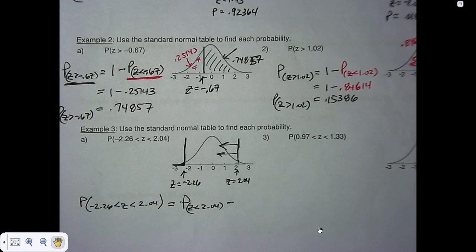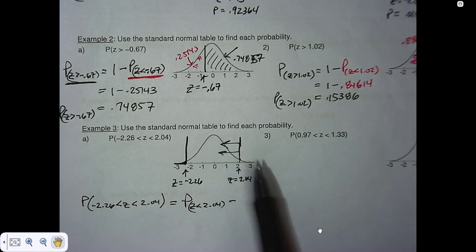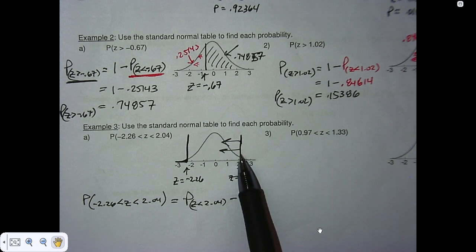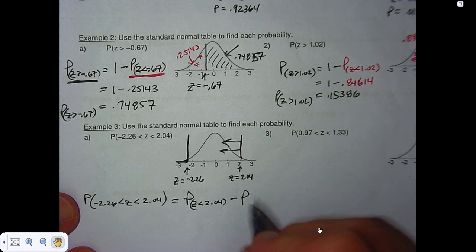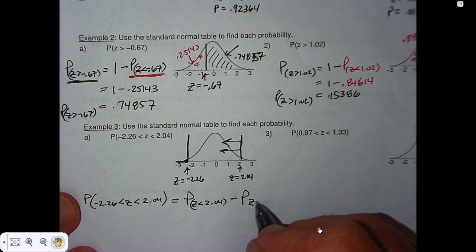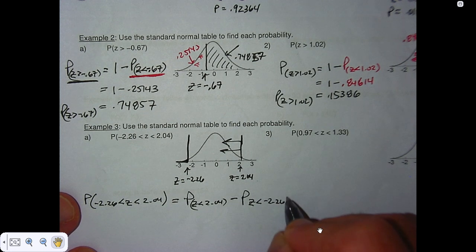That's everything to the left of this, the pen right now. That's all of the curve to the left. And I'm going to subtract off the area that's solid black, and that's a z-score less than negative 2.26.